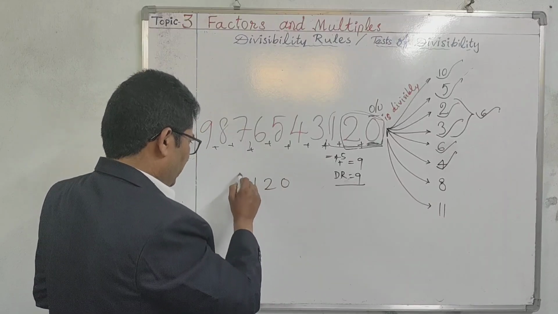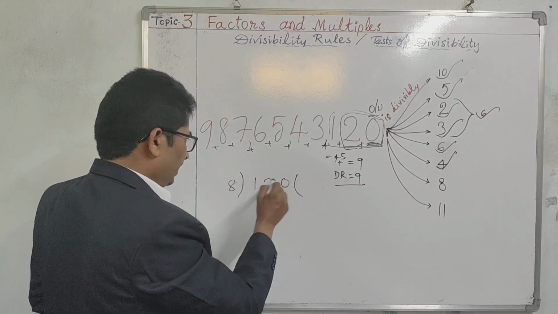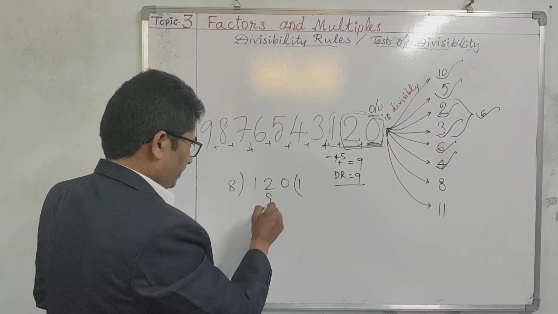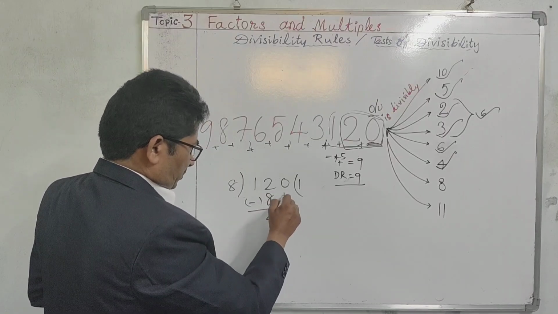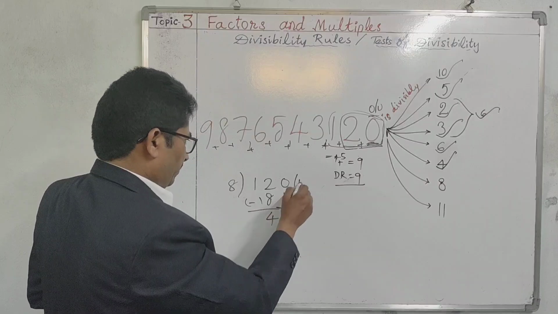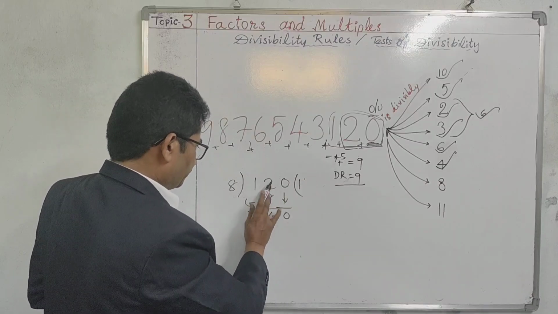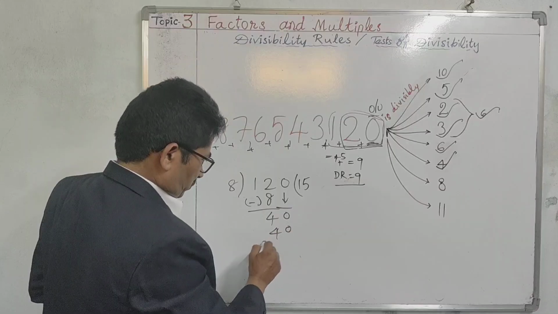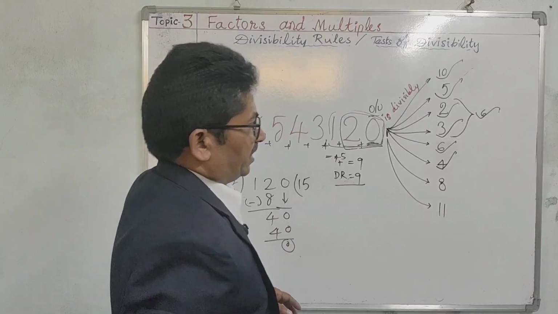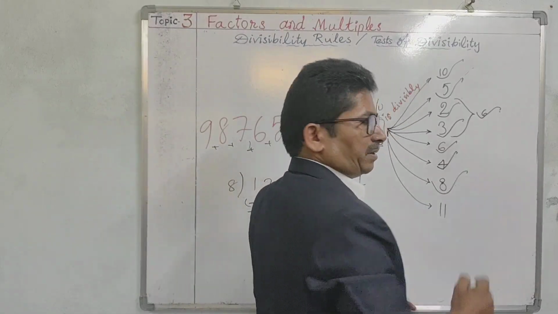We have to divide 120. 8 ones are 8. 4. Bring down this 0. 8 fives are 40. So this is exactly divisible by 8.